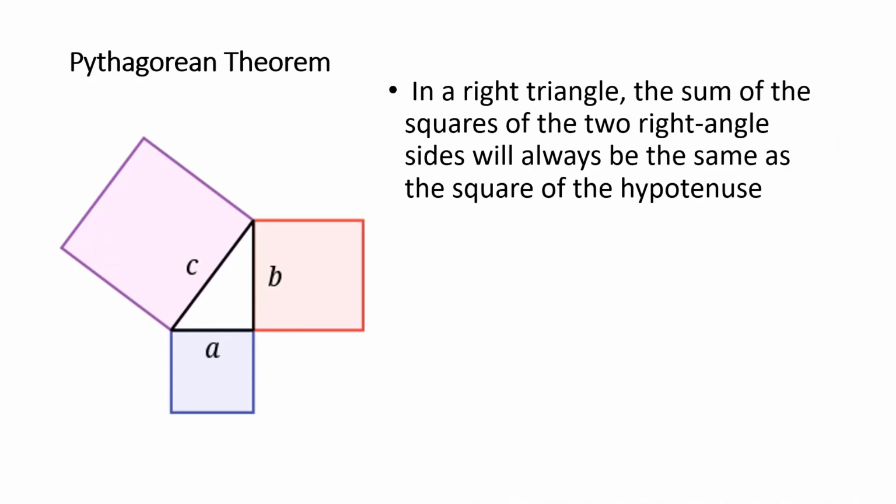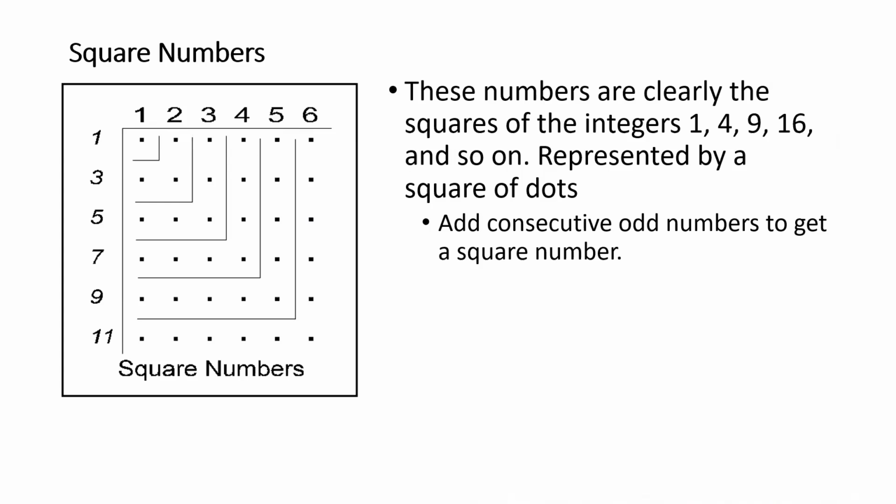But that isn't the only thing Pythagoras did, though this is probably his most famous because all high school kids learn this and even middle schoolers learn this. But he also figured out this property. These numbers are clearly the squares of the integers 1, 4, 9, and 16.